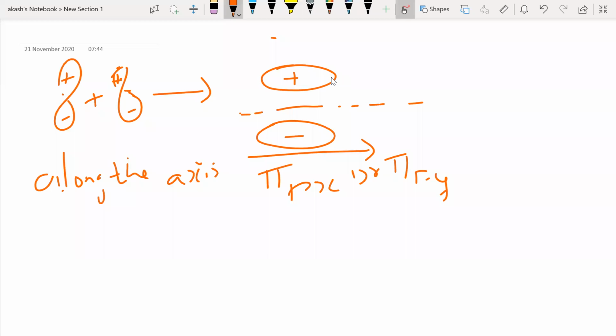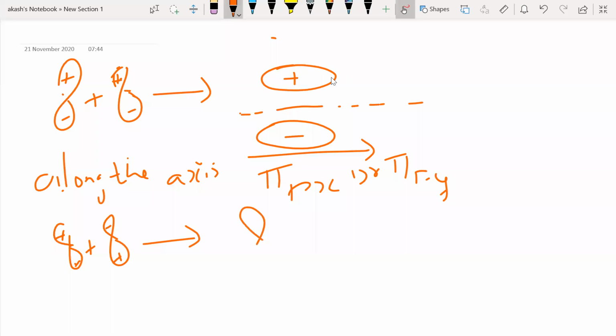Now if you have pi star, like if you have anti-bonding of this, say, you have positive here and negative here, and negative here and positive here. So this is my destructive interference. Positive and negative are interacting. So now we'll see what happens there.